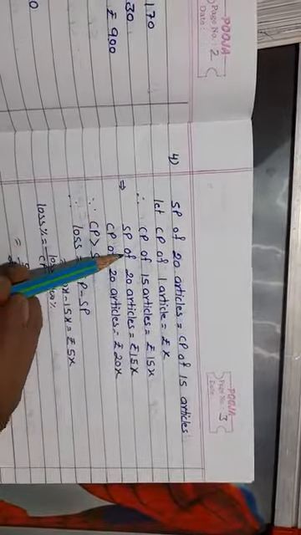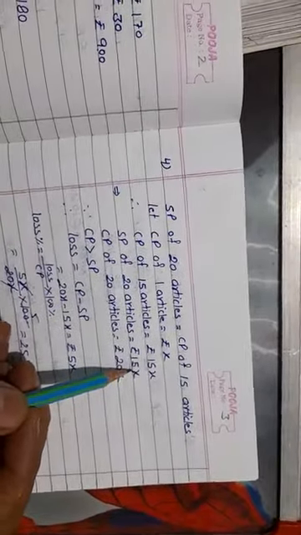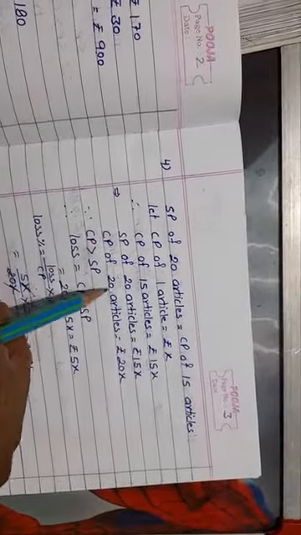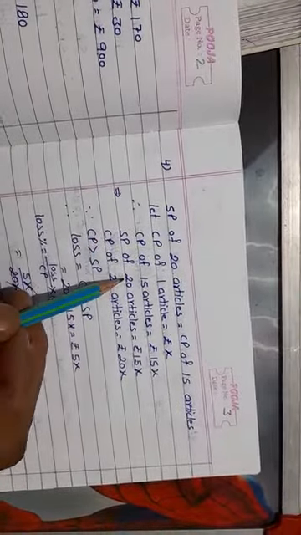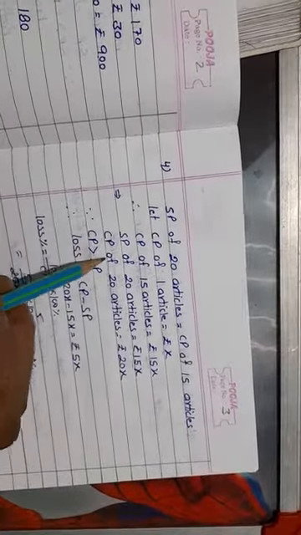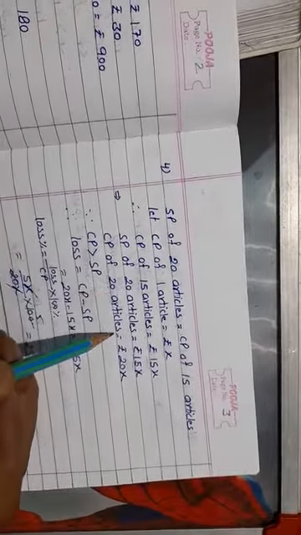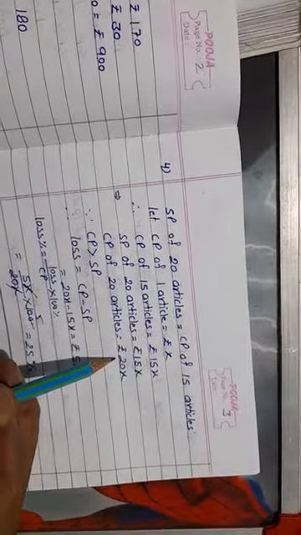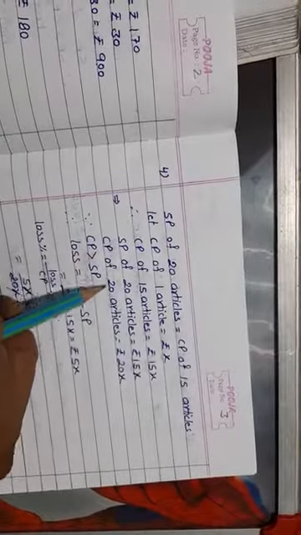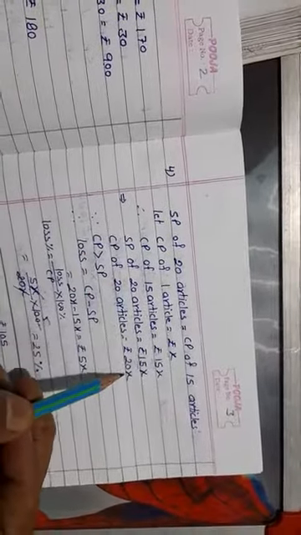Therefore, SP of 20 articles will be equal to 15X. Now we have to calculate CP of 20 articles. That will be equal to 20X because CP of one article is X.